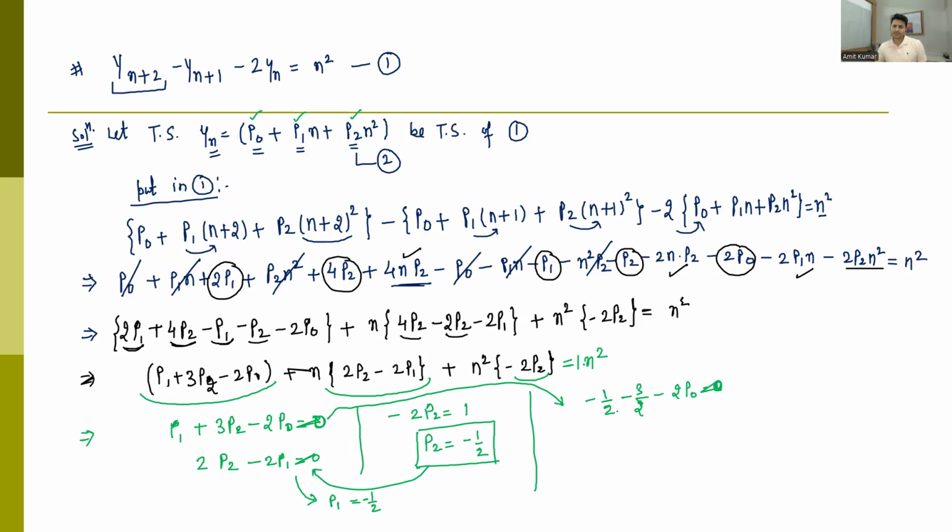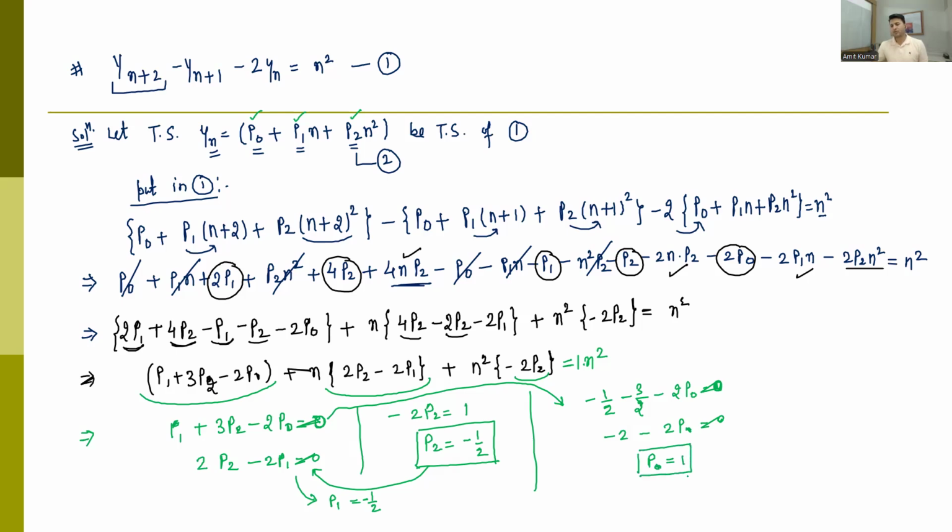So how much does it come out? Minus half minus 3 by 2 is minus 4 by 2, which is minus 2. So minus 2 minus twice of P0 equals 0. So it gives you P0 equals 1.